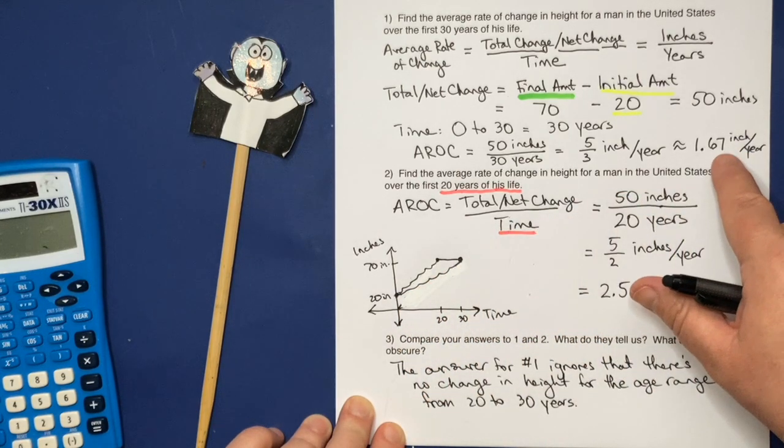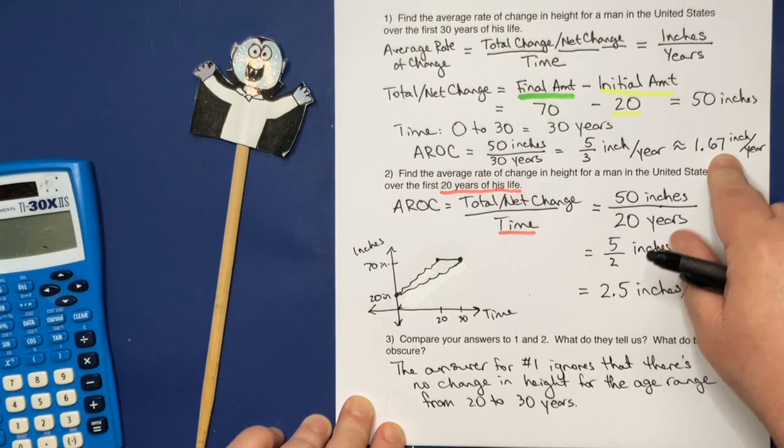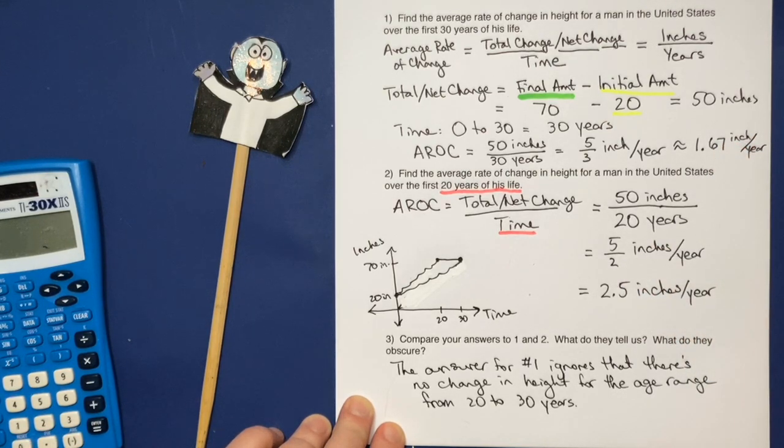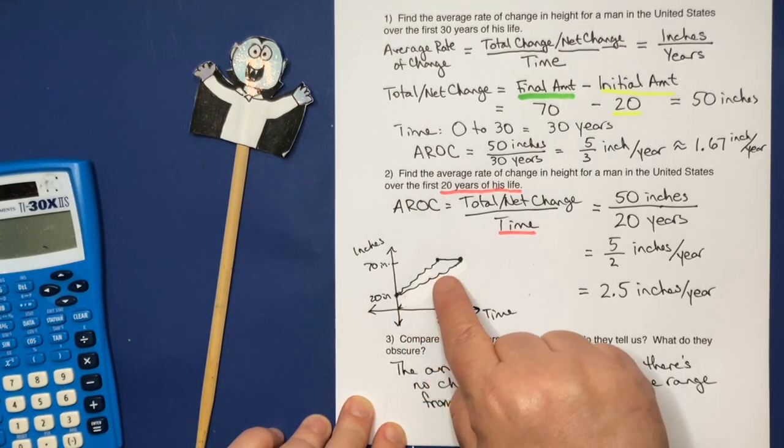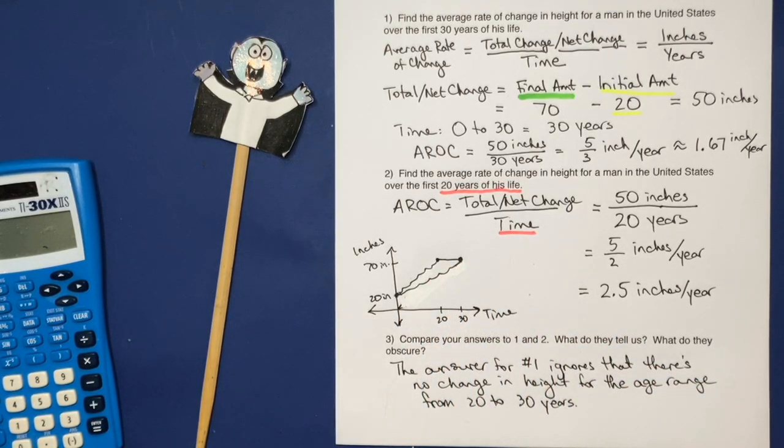So what is misleading about this problem? Well, this first problem is misleading because it suggests that it was the same change over every year, and that's the problem with averages. Averages literally take our information and spread it out evenly.